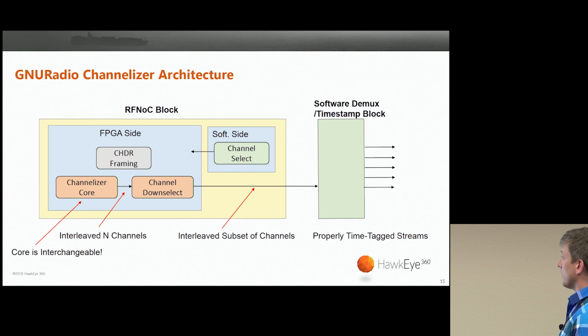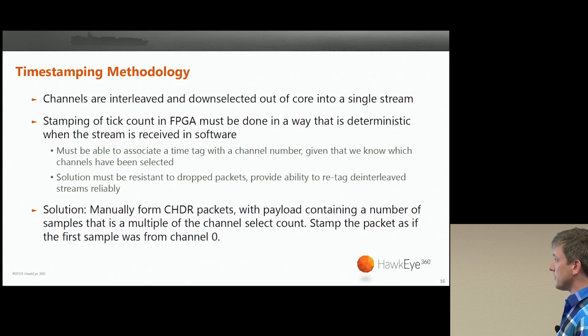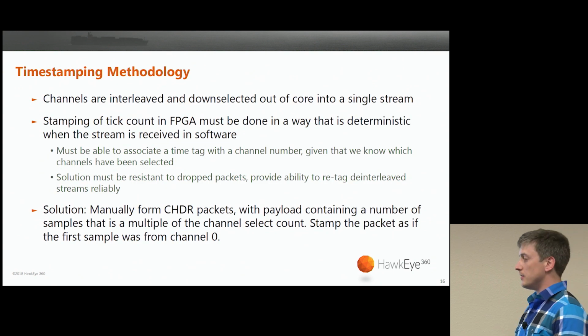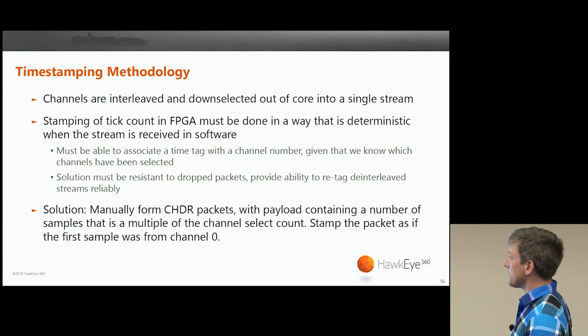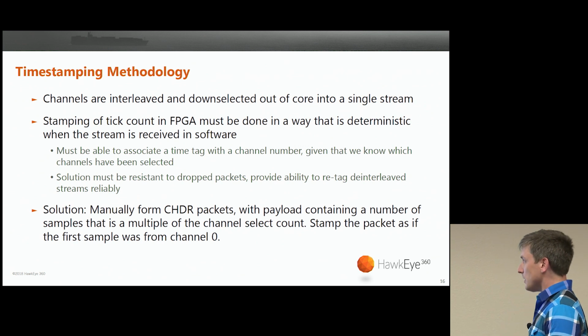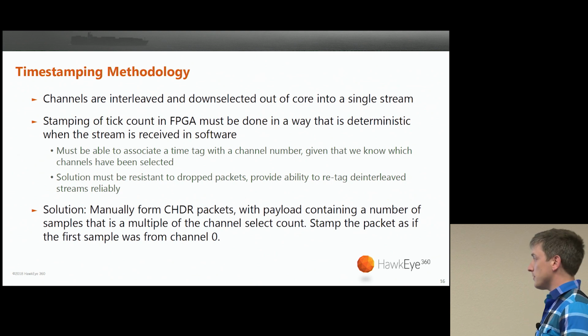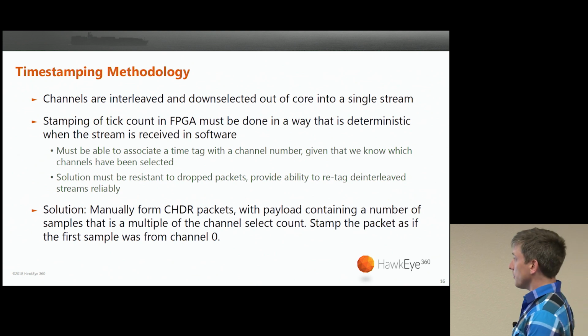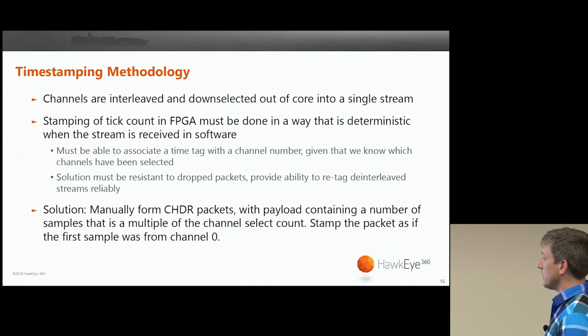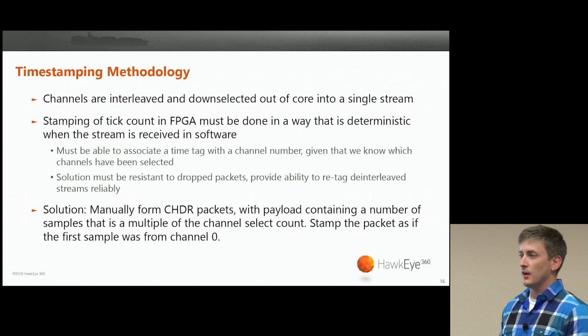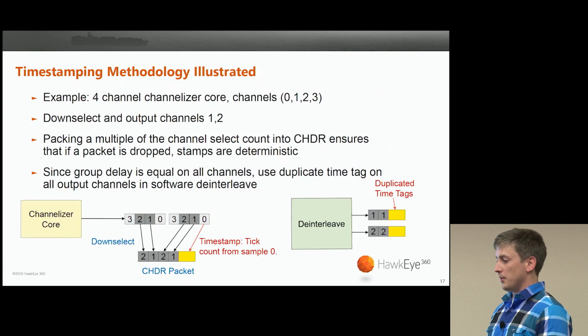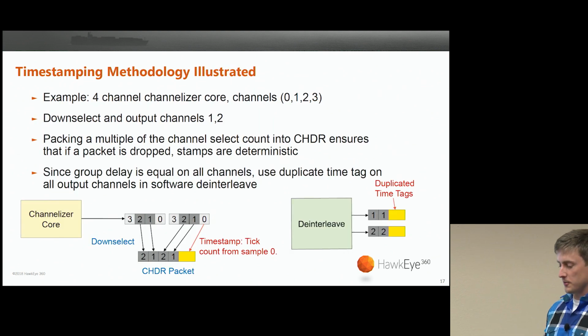Okay, so how to actually do this timestamping. When you actually look at the implementation and try to do it, it gets a little bit more complicated. You have to do the tick count, the timestamping, in a way that's deterministic when you receive it in software again. So our solution to this was to manually format packets. If anyone's used RFNoC, the simple mode approach doesn't apply here.